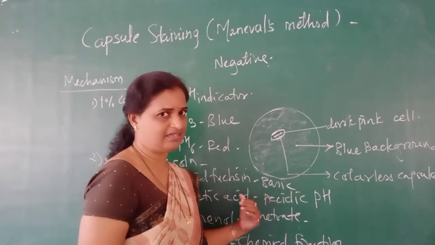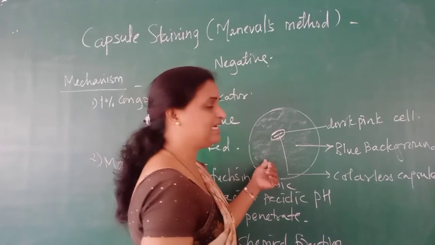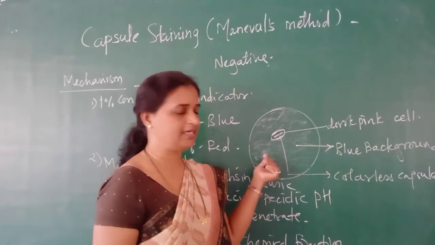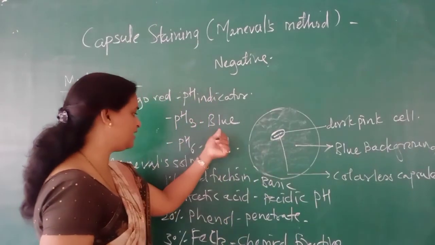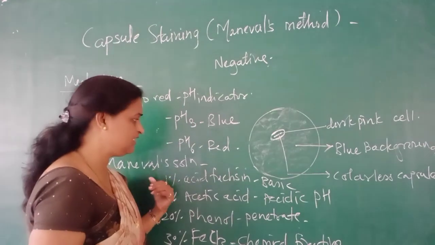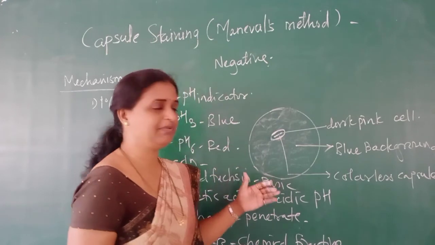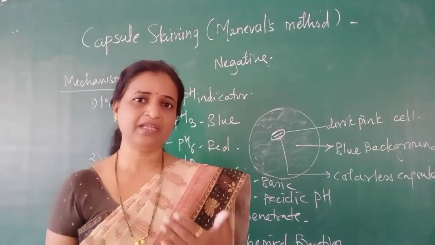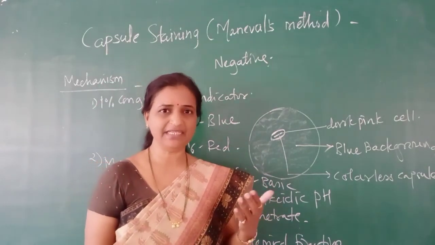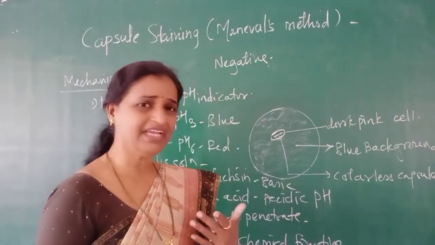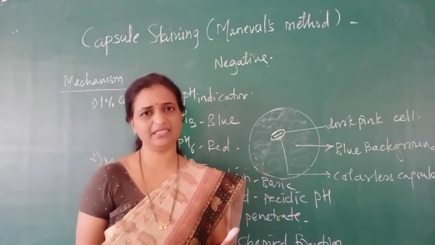They do not take the color of acid fuchsin. They remain colorless. And this blue background is of Congo red. This Congo red gives a blue background in the presence of Maneval solution, because Maneval solution is acidic in nature. So that is the mechanism behind capsule staining by Maneval's method, and by this we can easily demonstrate the capsule under the microscope.